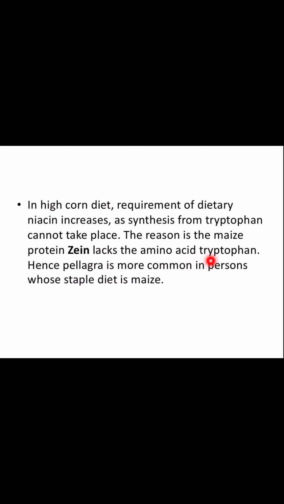So if it doesn't have tryptophan, then niacin cannot be made. So pellagra is more common in persons whose staple diet is maize. Got it? So this maize has a protein zein in which there is no tryptophan. No tryptophan means no making of niacin, and no making of niacin causes deficiency of niacin and pellagra.